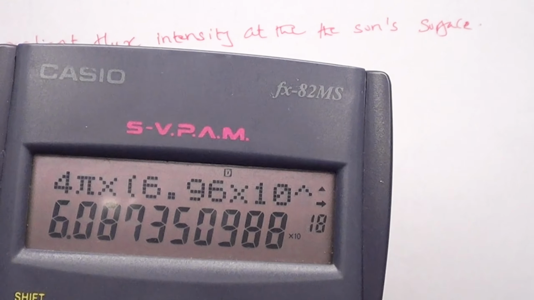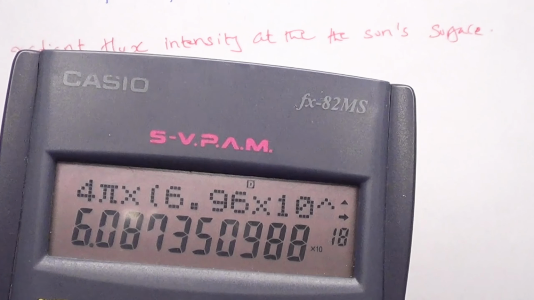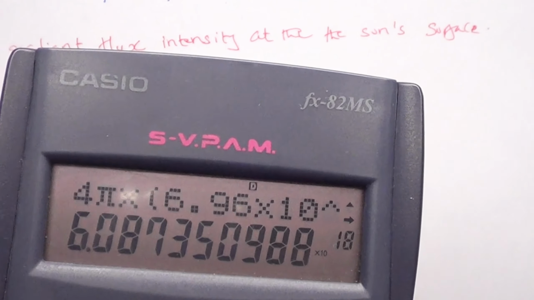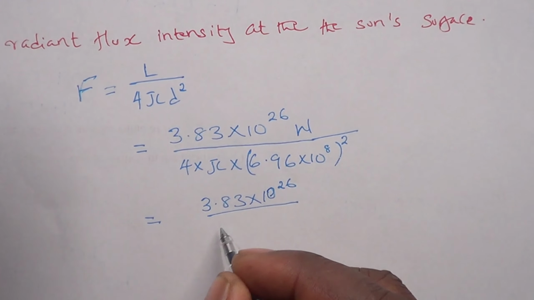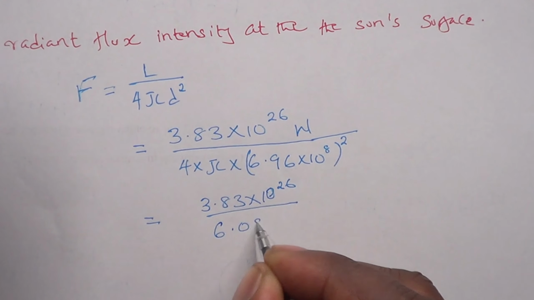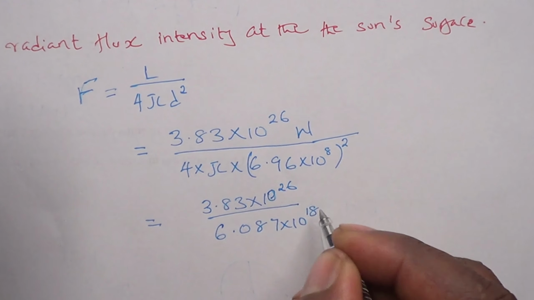Okay, it will be 6.087 times 10 power 18.